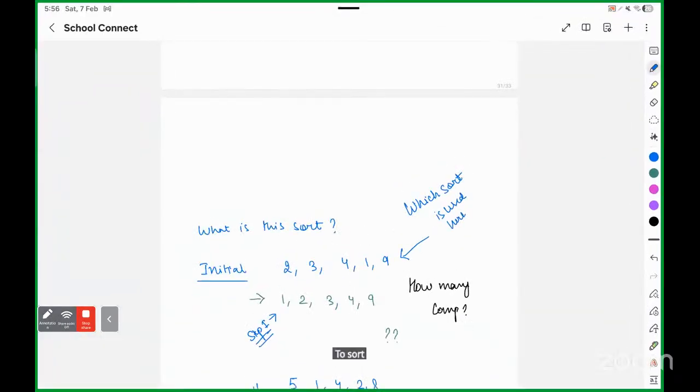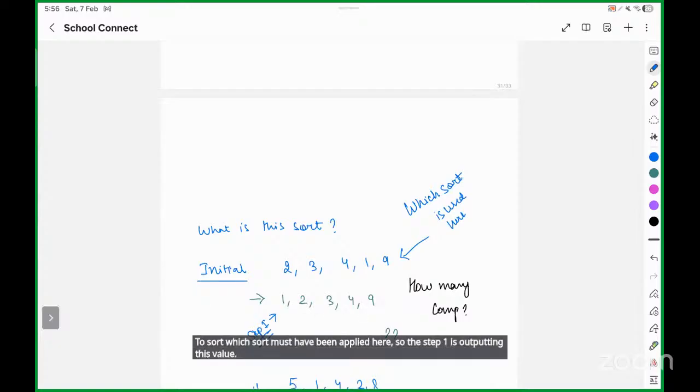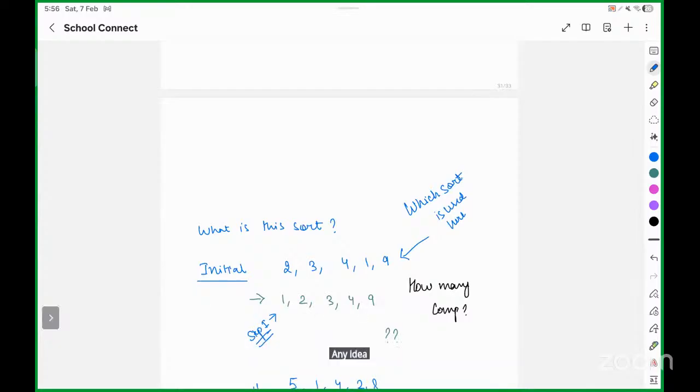Can you think of the sort? Which sort must have been applied here? So step one is outputting this value. Any idea? There are just three options: insertion, selection, or bubble sort.